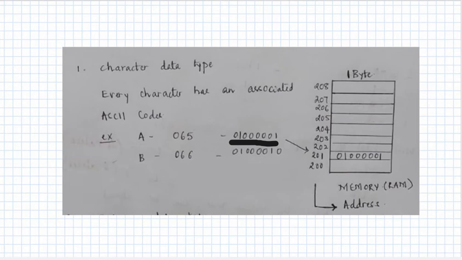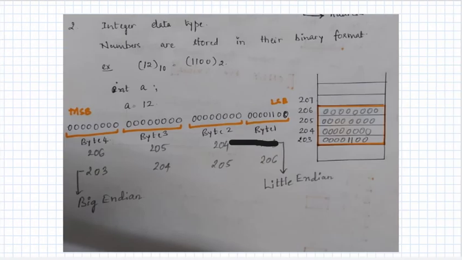Next, coming to the integer data type. Even integers are converted to binary and they are stored into the memory. We know the binary representation of every number, that is converting a decimal value to its binary format.